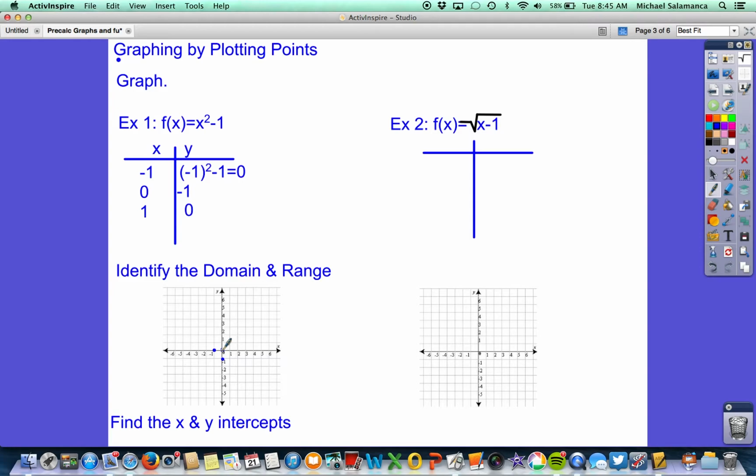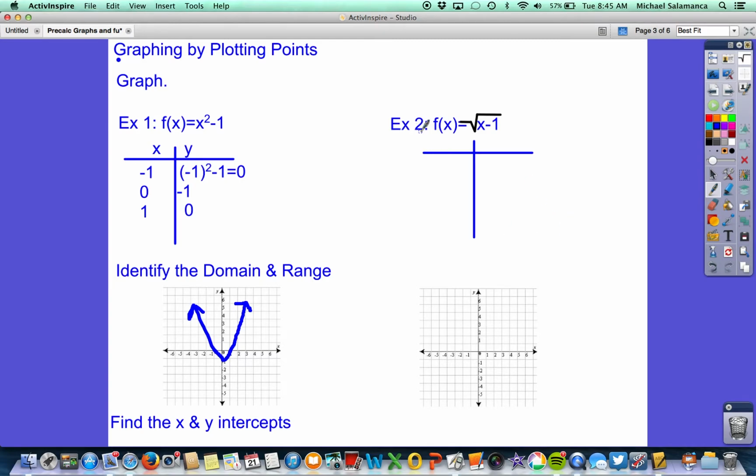And for the next point, x is 1 and y is 0, so that's our third point. Once we have those points, we merely want to connect the dots. So we have a parabola. Make sure you put an arrowhead at the end so we know it goes on forever, and that's your graph.